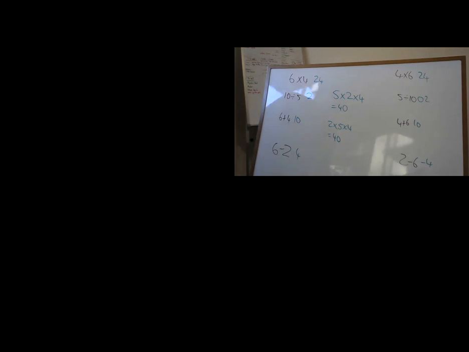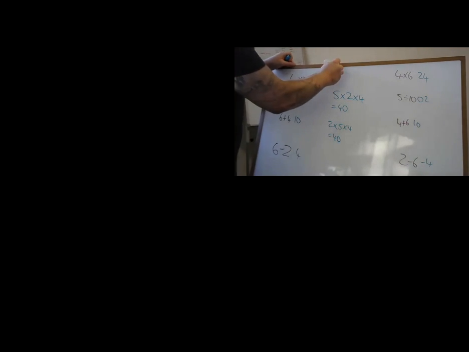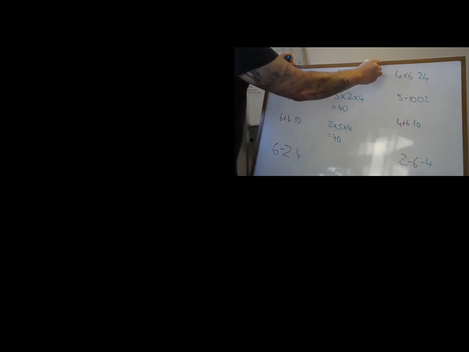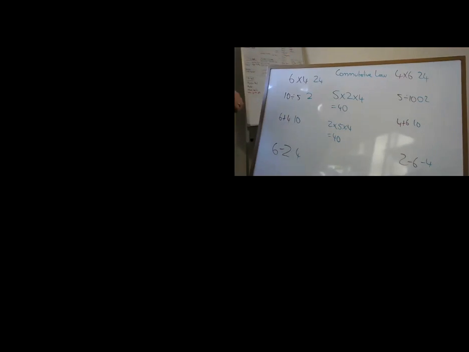And there is a reason behind why we do this. So then we have the commutative law, which says that we can rearrange multiplication and addition sums as much as we want.